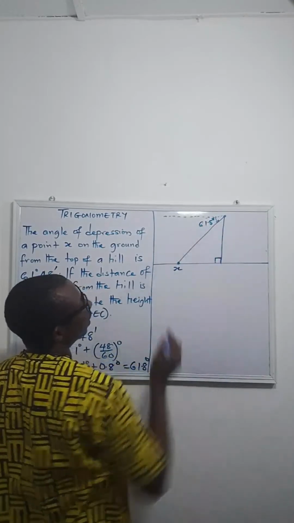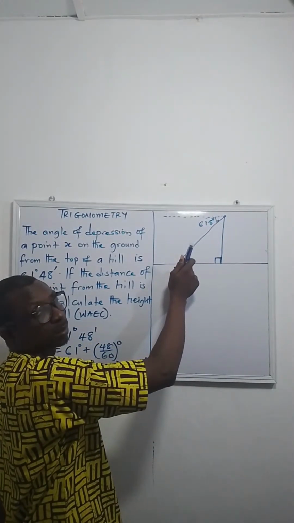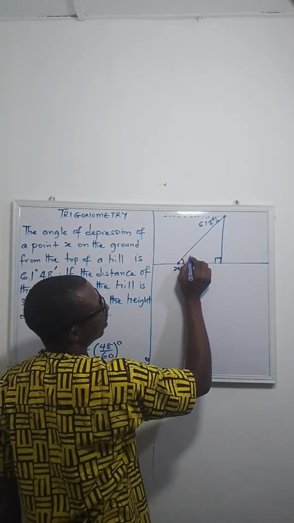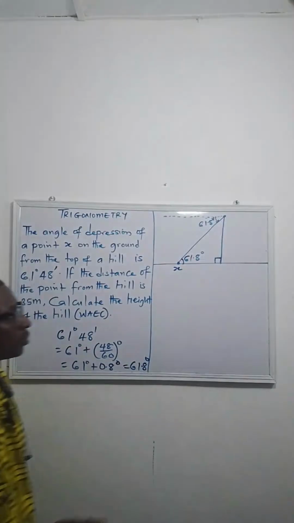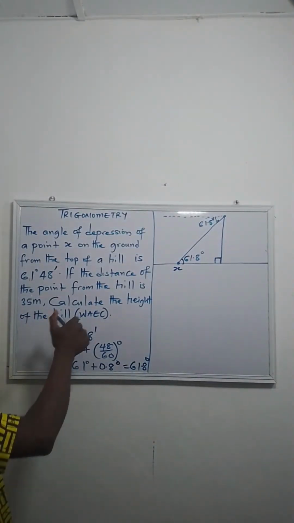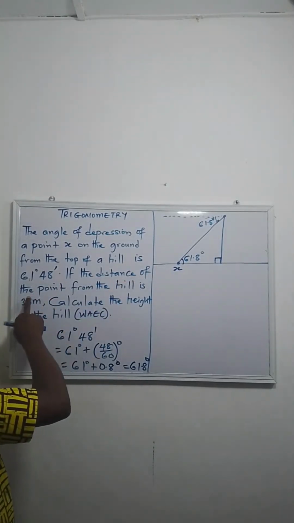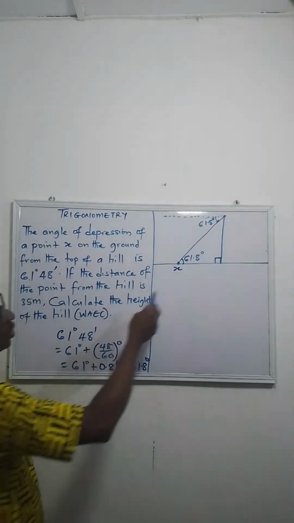So that means the angle we have here is 61.8 degrees. Now, this angle is alternate to this angle. The angle here is alternate to this. So this angle is 61.8 degrees. And don't forget, we have to calculate the height of the hill. We don't know the height.